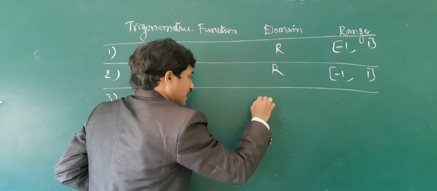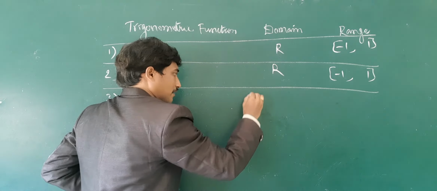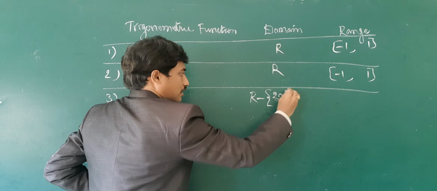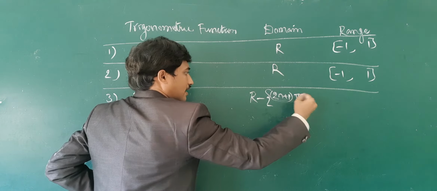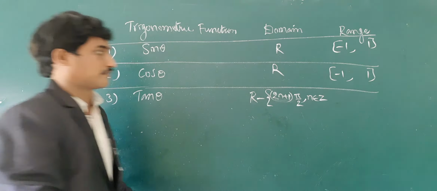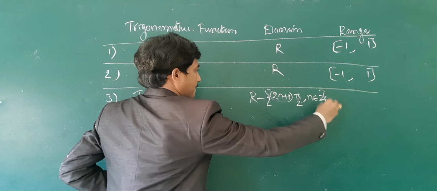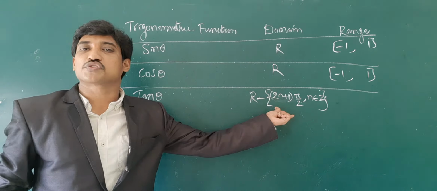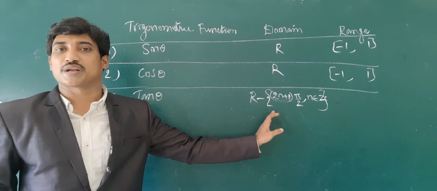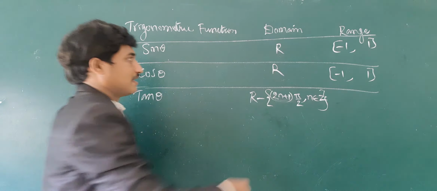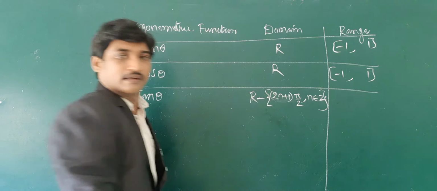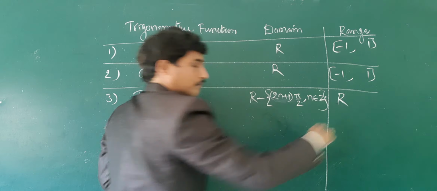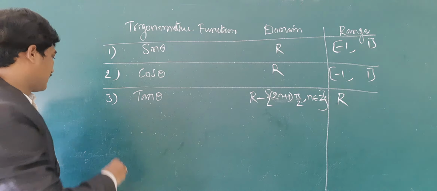So we can take theta as any real number other than (2n plus 1) pi by 2, where n belongs to Z. That means the domain is R minus {(2n plus 1) pi by 2, n belongs to Z}. Then the range of tan theta is any real number R.